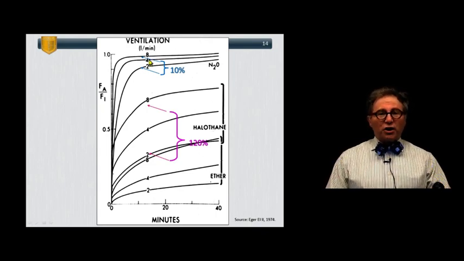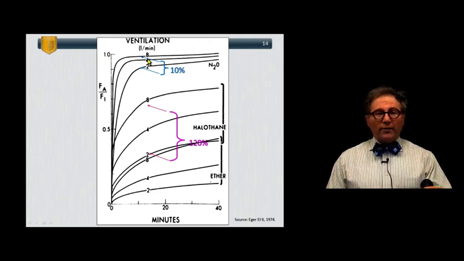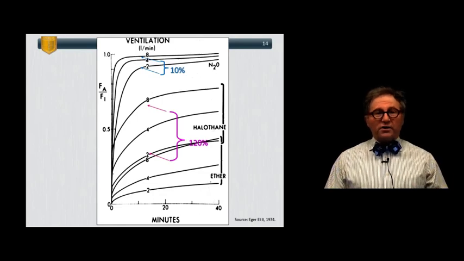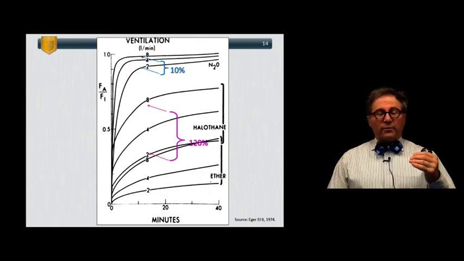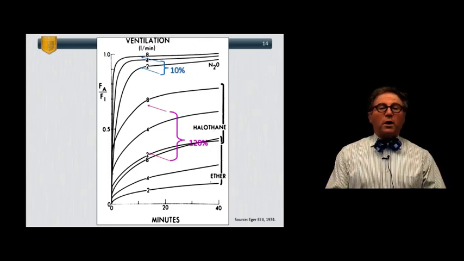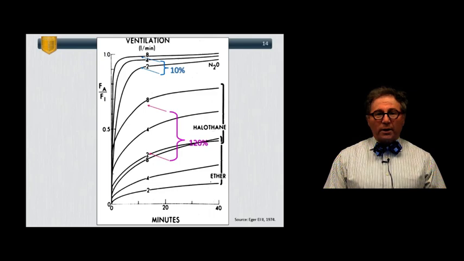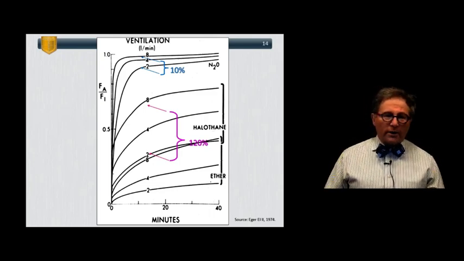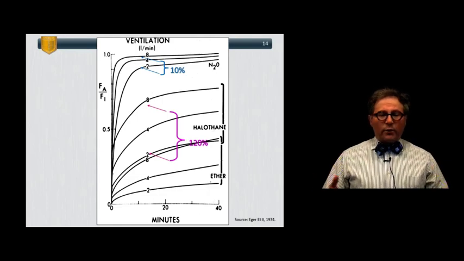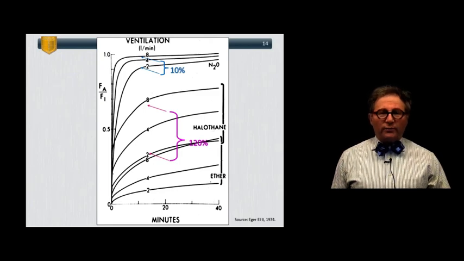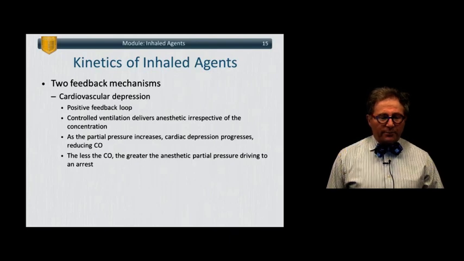So ventilation and the ability to drive anesthetics into the lung and create a more dangerous situation, unpredictable in terms of outcomes and myocardial depression, is much greater with the more soluble anesthetics. With ether, methoxyflurane, and halothane, they're no longer on the market in North America, and we're dealing with the less soluble agents like desflurane, sevoflurane, isoflurane, which are less affected by increases in ventilation.